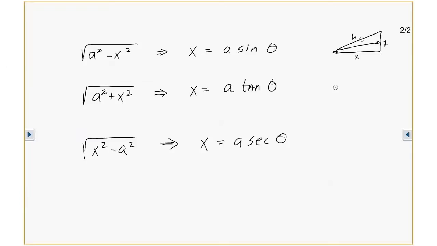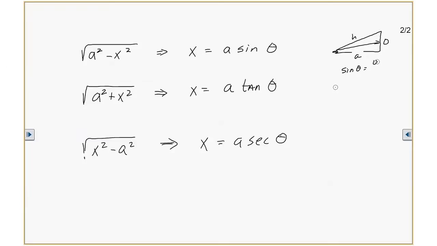Sine of theta is equal to y opposite over a hypotenuse.